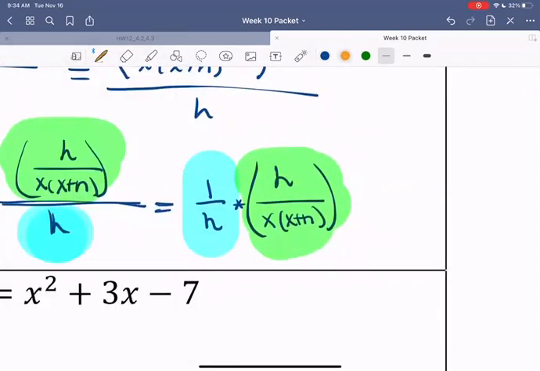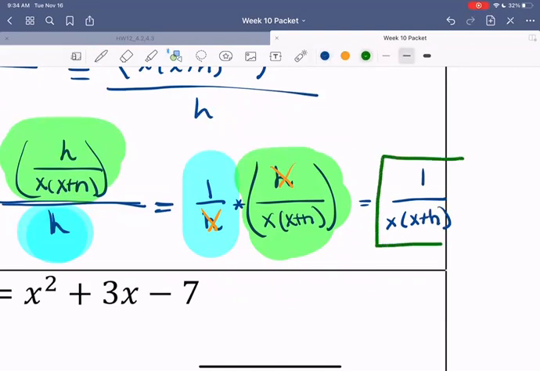Now I'll take a moment to ask you to see if you can see what we can simplify at this point. Well, this h in the numerator cancels with this h in the denominator. So we're left with 1 over x times x plus h. So our final simplified difference quotient looks like 1 over x times x plus h.